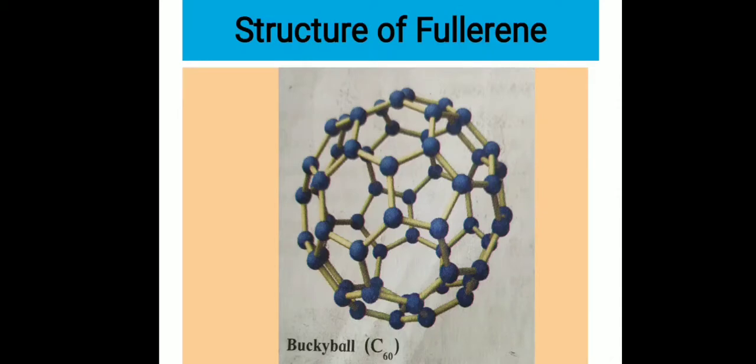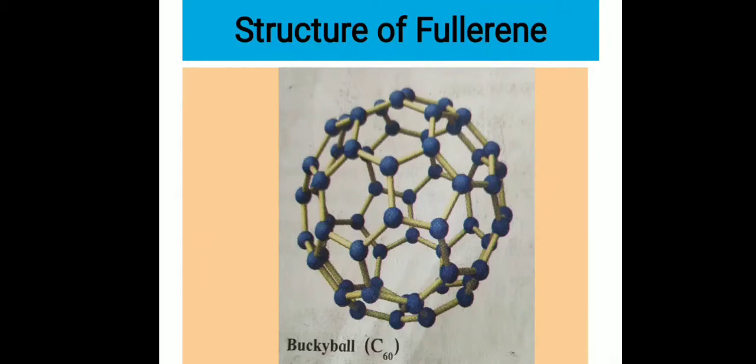Now, how is the structure of fullerene? Fullerene can be found in the form of buckyballs. Here is the structure of fullerene C60. Molecules of Buckminsterfullerene C60 are called buckyballs. So, what is meant by buckyballs?